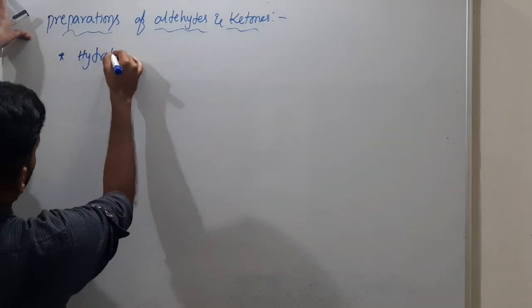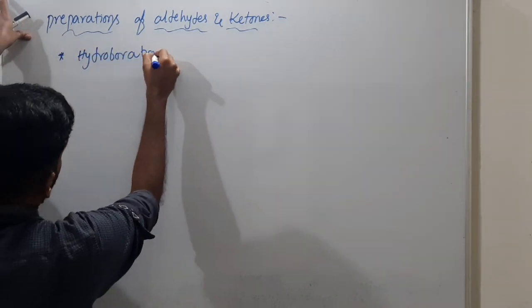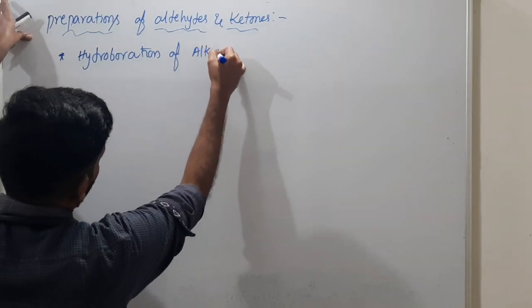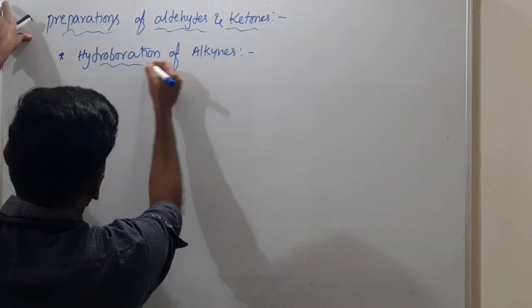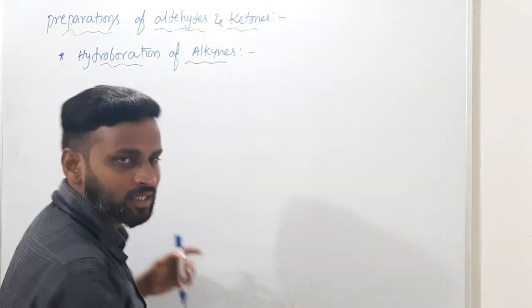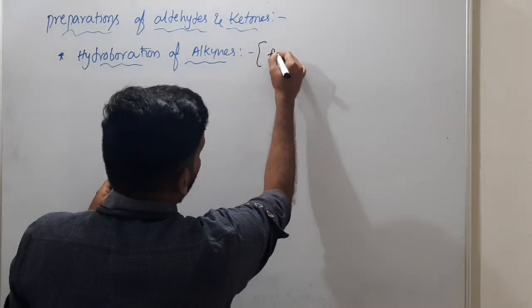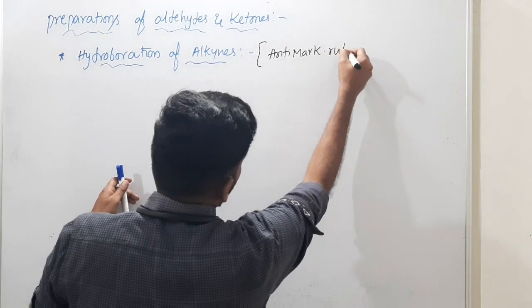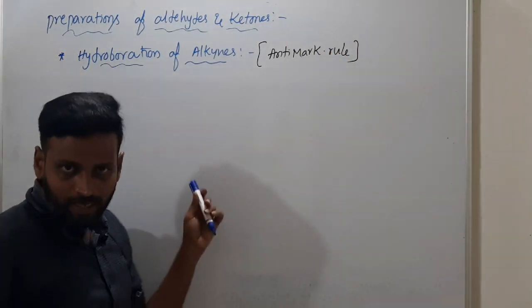hydroboration of alkynes. Hydroboration of what? Alkynes. Do you remember hydroboration of alkynes? It is by the anti-Markovnikov rule. Do you remember the anti-Markovnikov rule? It happens.